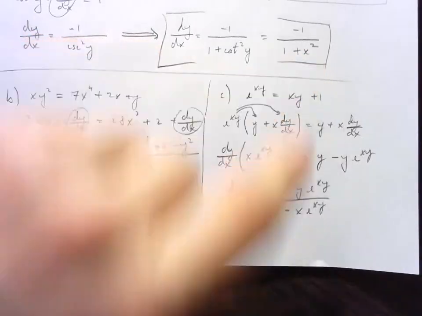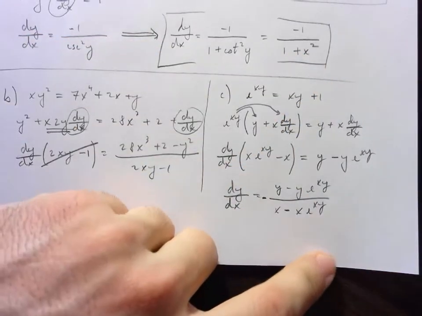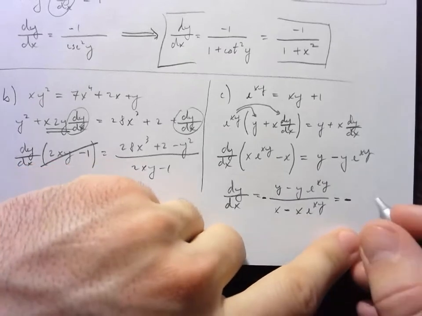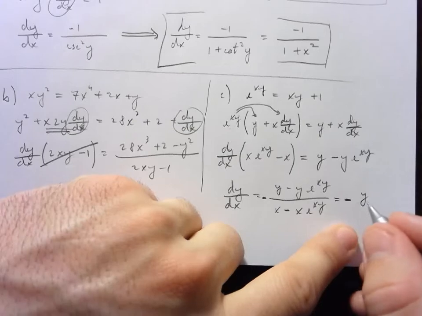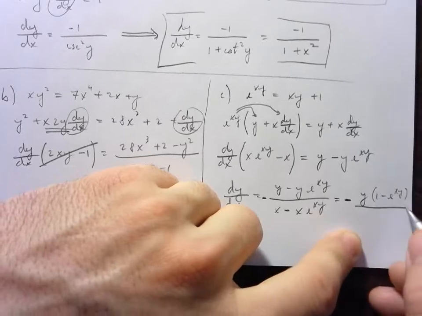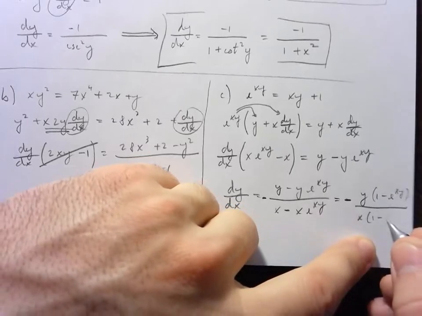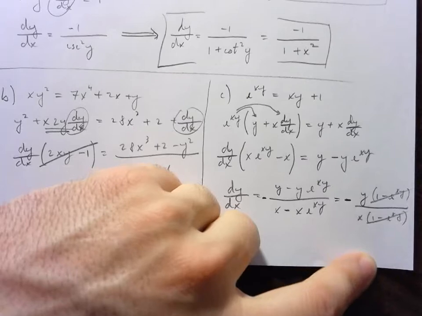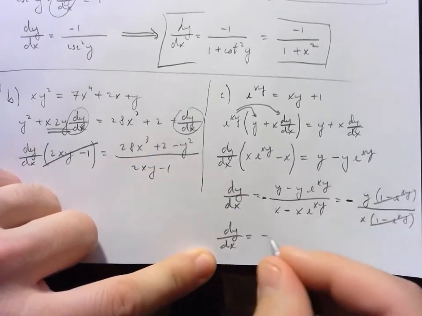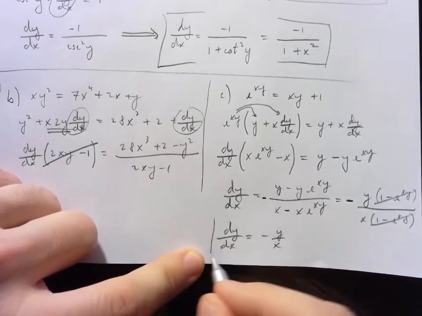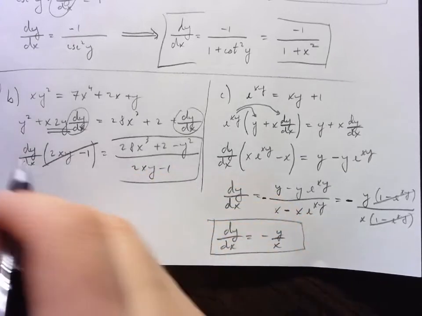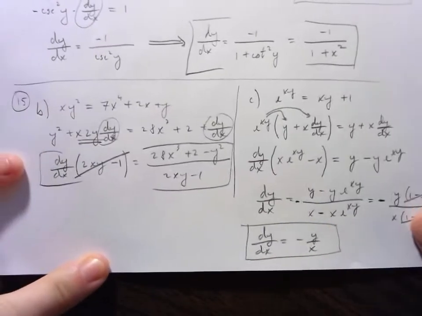And once I factor a y and an x, notice I get 1 minus e to the xy both on top and the bottom, so this should be negative y times (1 minus e to the xy) over x times (1 minus e to the xy). So those things cancel, which means dy/dx in its simplest form is negative y over x. So that's the result there. This was the result for the previous part. And that's problem 15.